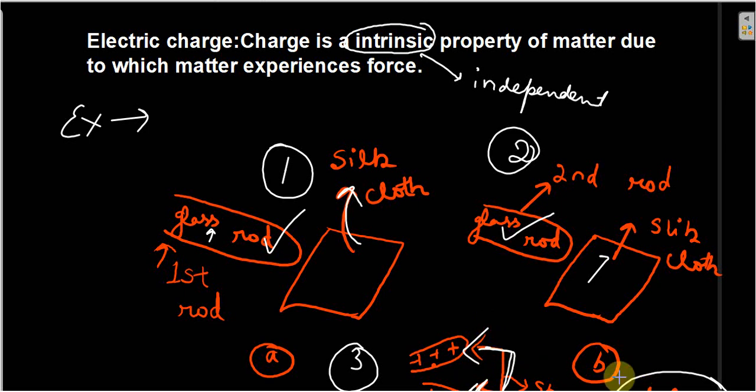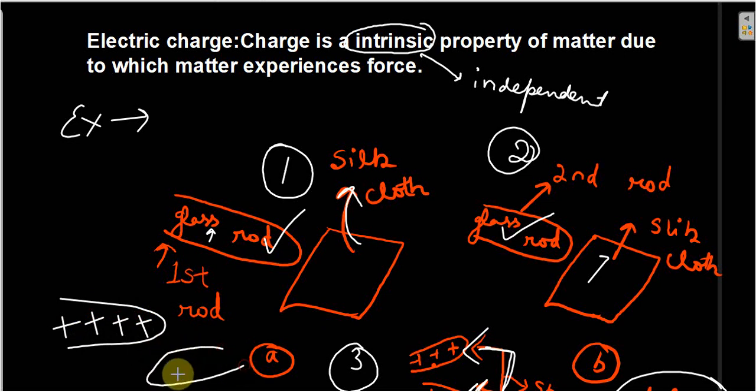Similarly, if we have one positively charged rod and the other is a negatively charged rod, these will feel a force of attraction toward each other. So in this way we can understand electric charge is a property of matter due to which matter experiences a force of attraction or repulsion.